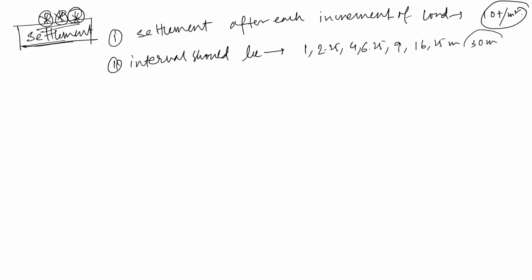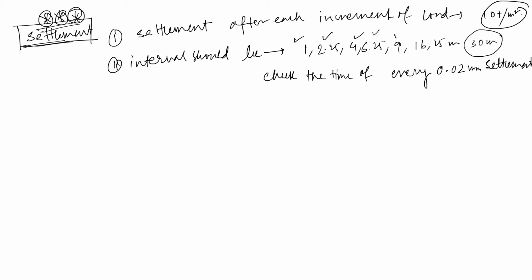And after completing the 30 minutes interval, check the time of every 0.02 mm settlement. What is the meaning of this? First, measure the settlement in 1 minute, 2.25 minute, 4 minutes, 6.25 minute, 9 minutes, 16 minute, 25 minute, 30 minute. Okay.